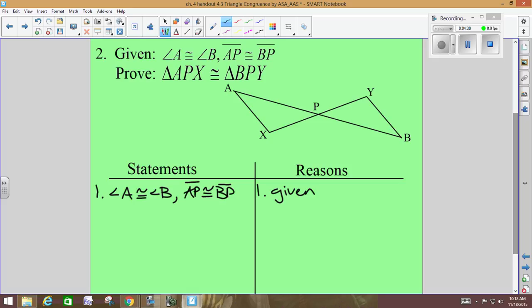After you copy the given, then what do we do? Mark the picture based off of that. Good. So angle A congruent to angle B, segment AP congruent to segment BP. There's my given.